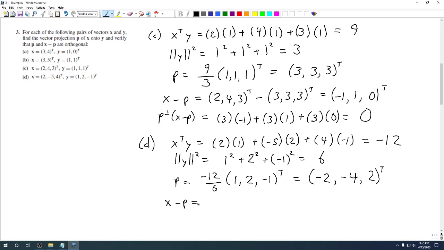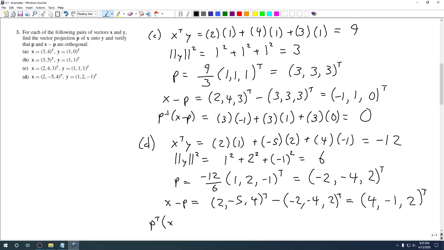X minus p. Here, our x was 2, negative 5, 4. Our p was negative 2, negative 4, 2. And so when we do all this subtraction, we get what? 4, negative 1, 2. Now, are these orthogonal? At this point, hopefully you believe me that they will be, but I'm going to work it out anyways.